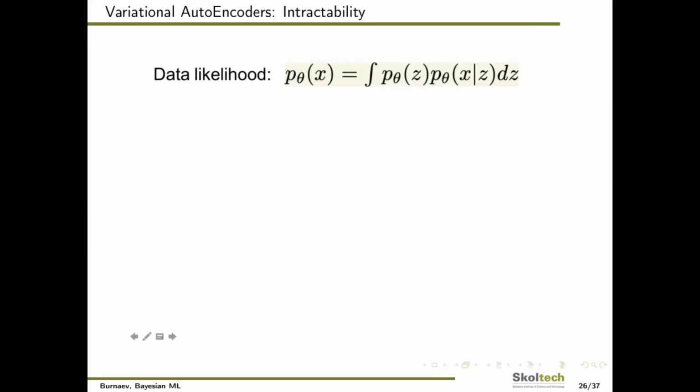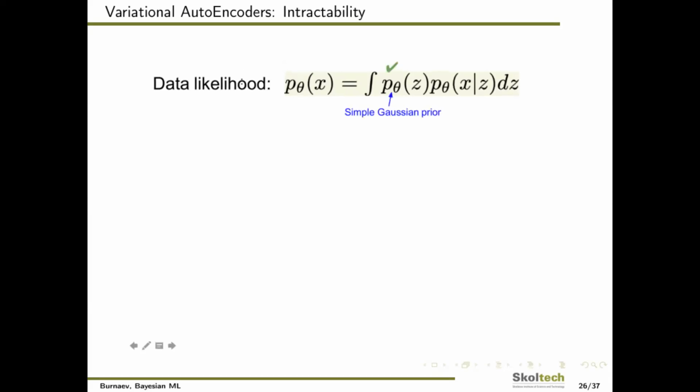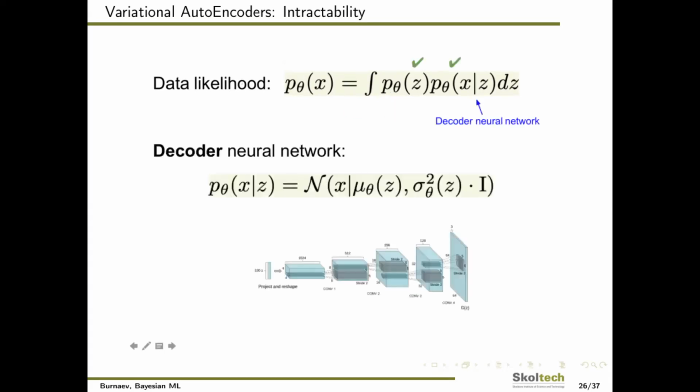And again, we have this intractability problem. We can look at this likelihood, and as usual for the prior we can use a Gaussian distribution, the most natural and simplest choice that typically leads to something good.